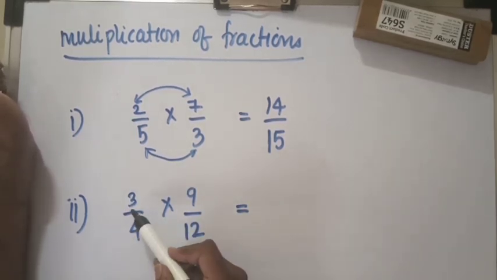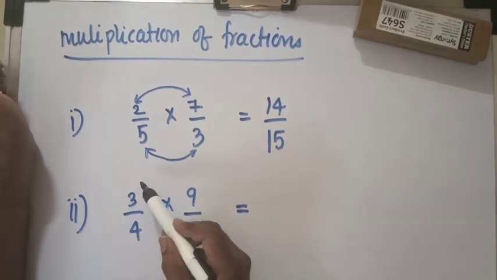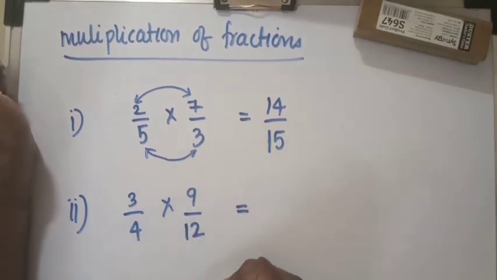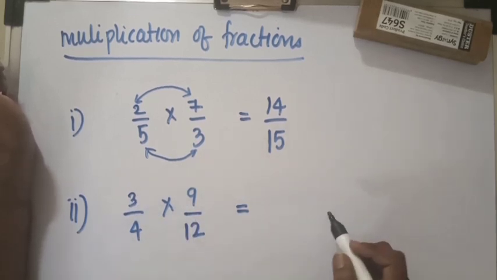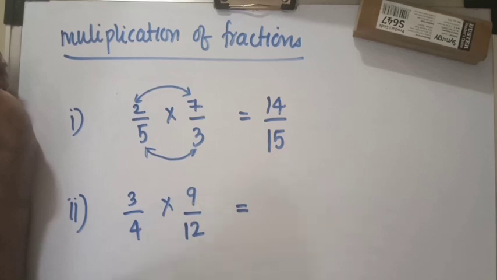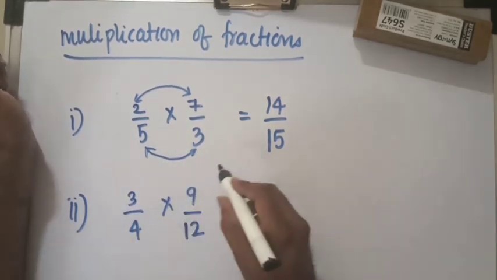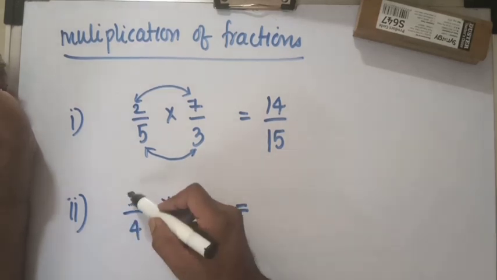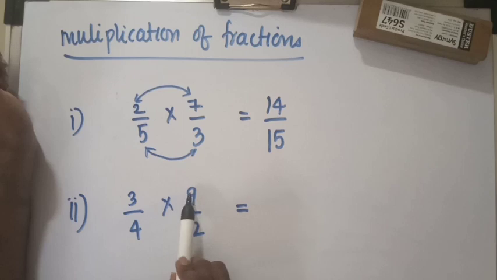You will see that whether 3, see you can cancel the terms of the numerator and the denominator. You need to look out in which table does 3 and 12 go, or in which table does 9 and 4 go. That means you can cancel it in a cross way, or you can cancel it up and below, but you cannot cancel it by these sides.